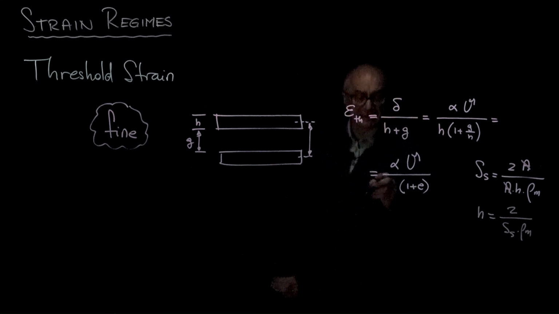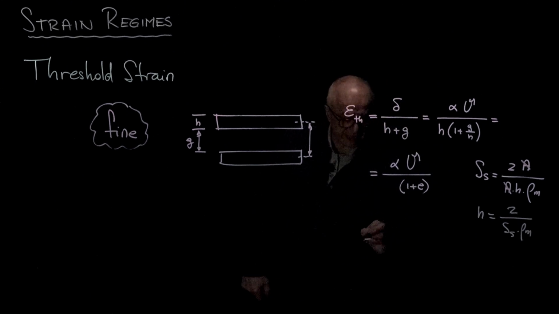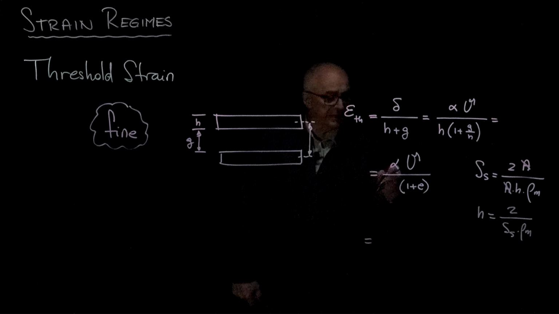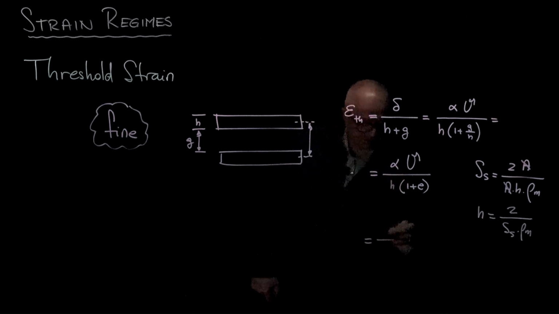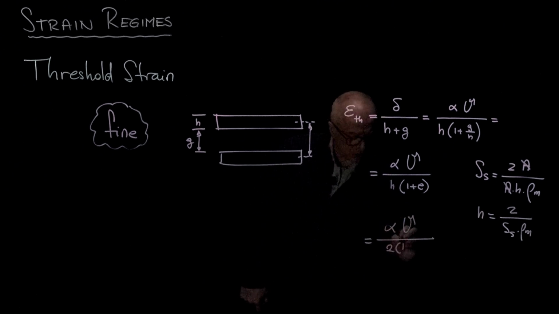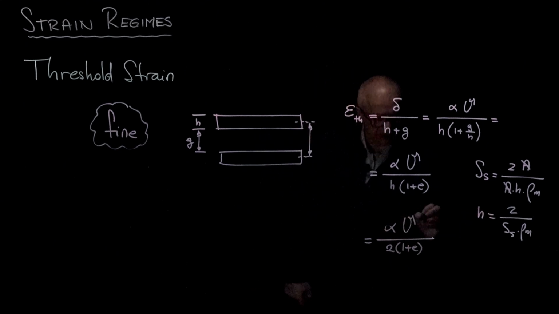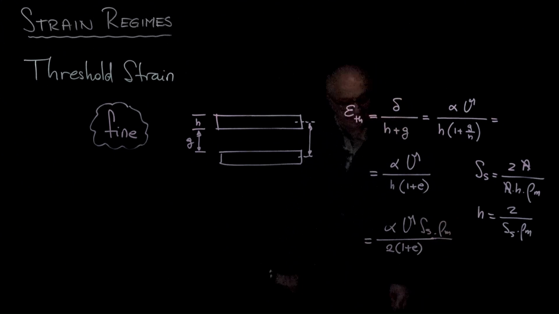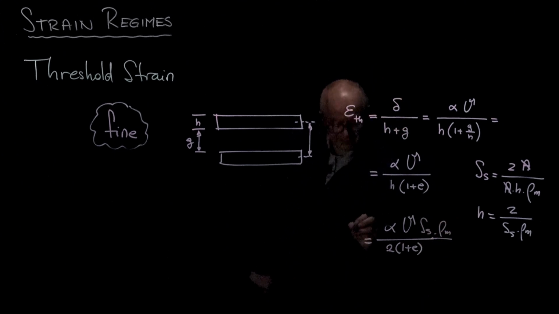So now I can come back here and replace h that was in the denominator, and the threshold strain is alpha, a percentage of the double layer, times 2 over (1 plus e), and in the numerator, specific surface times rho mineral. This is also a very insightful expression.